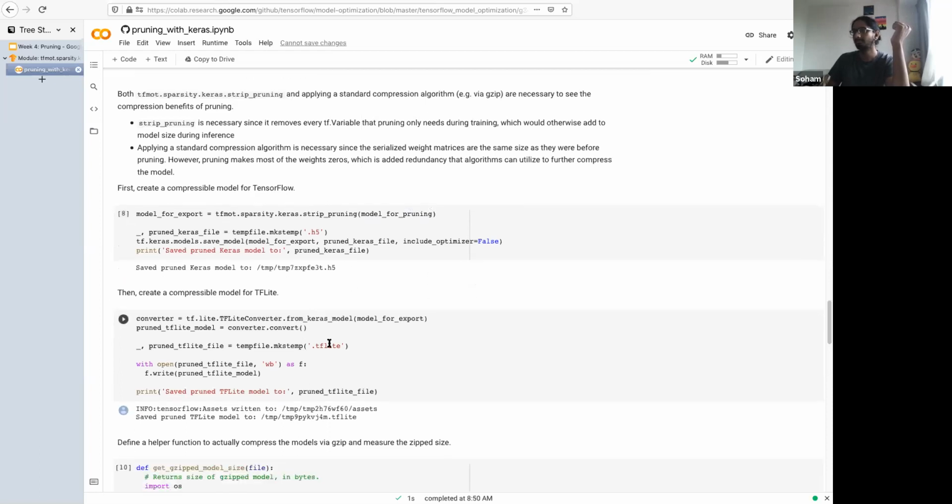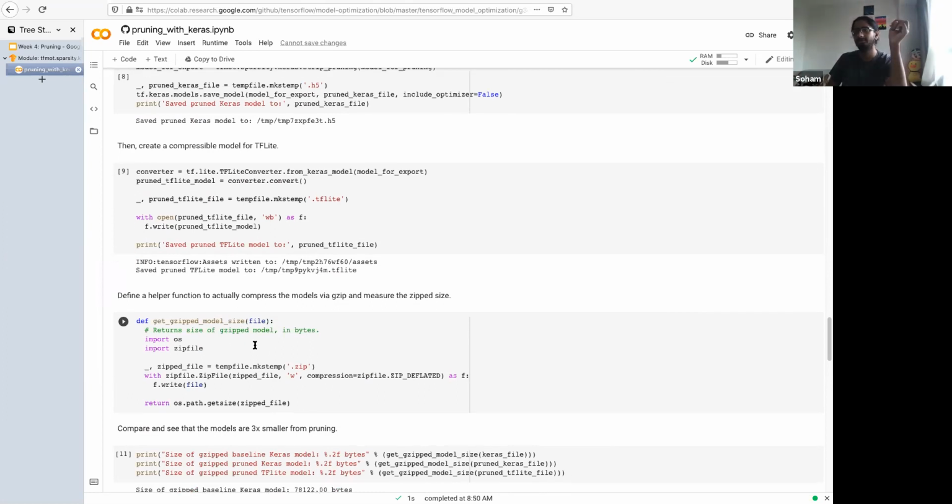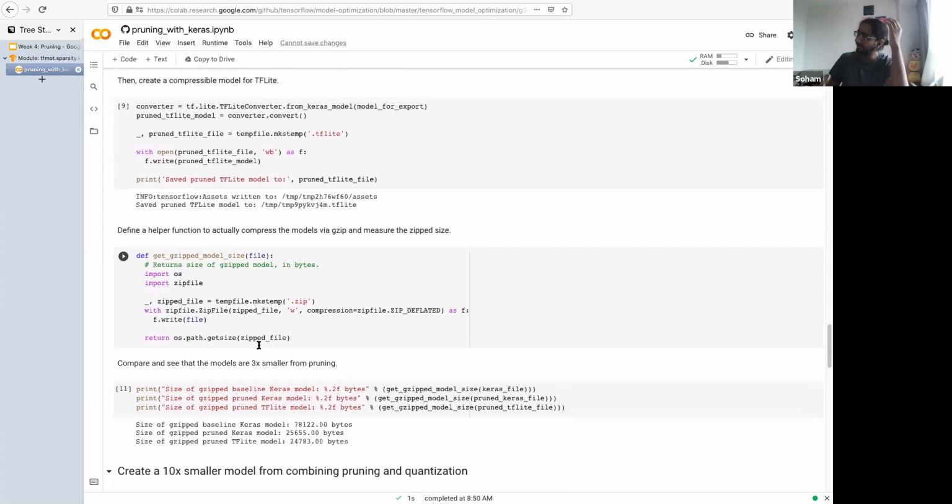To save it, we actually save it as a gzip file. The reason we do this is because there's a lot of zeros in our network, so it's easier to compress the file as well to get some extra savings. So we can gzip our model after we've trained it.